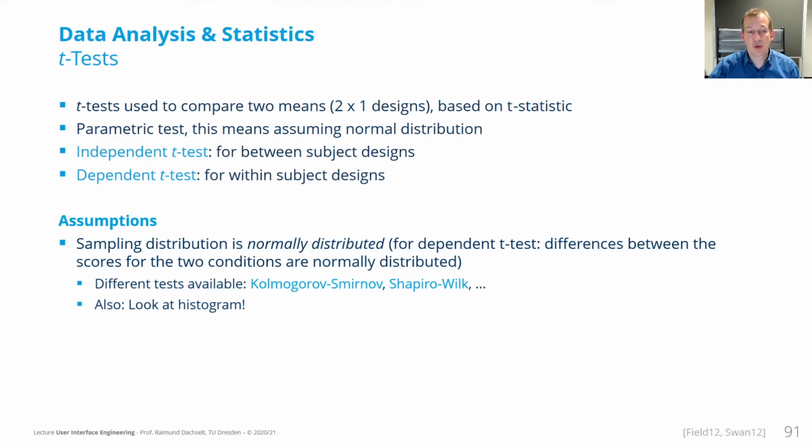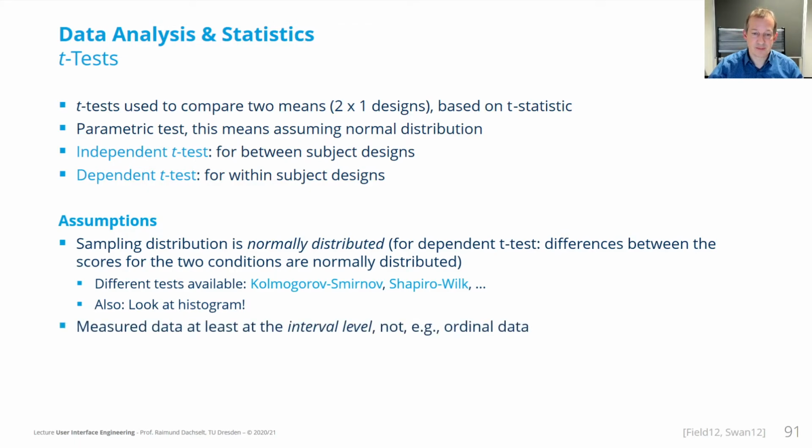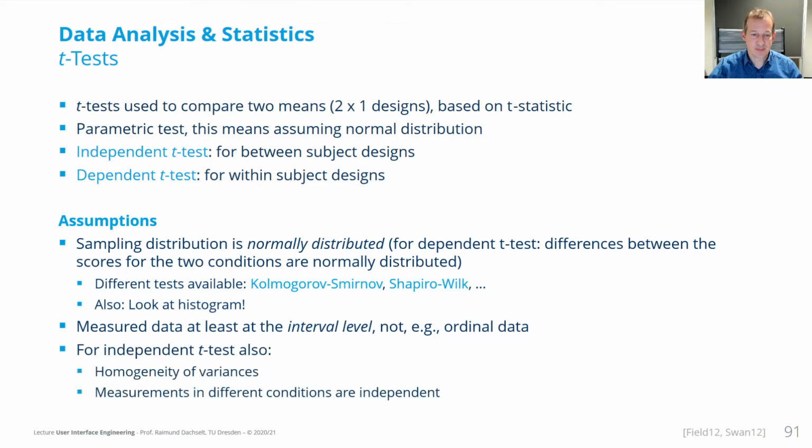And you can also look at the histogram, which helps a lot to see the normal distribution and to test your assumptions, basically. The measured data, this is also important, is at least at the interval level. So it's not ordinal data. So you can't use it for ordinal data like just saying warm or cold, for example. For that, it's not suited.